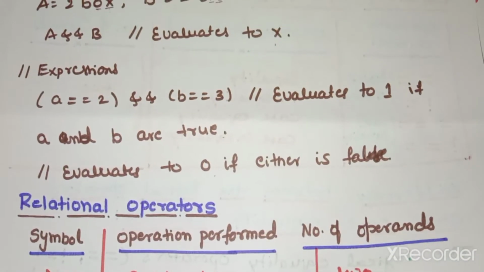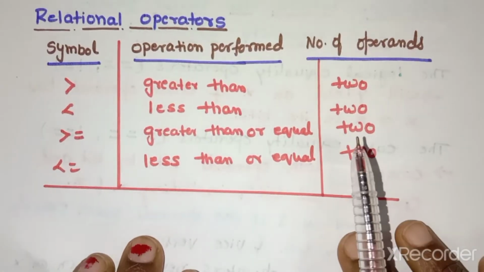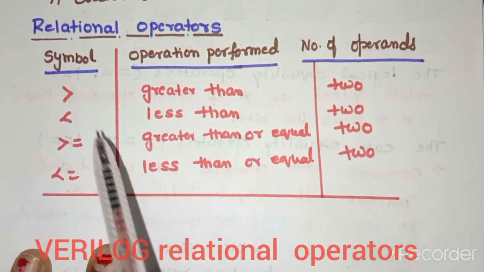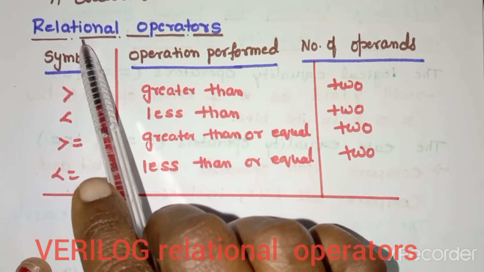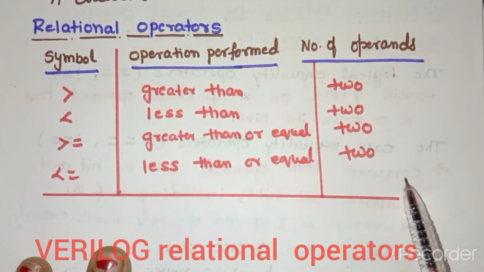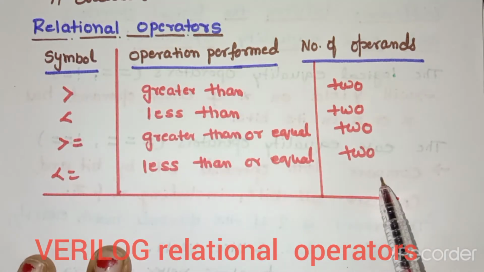Now let us move to the relational operators available in VHDL. What are the relational operators? If you want to relate, how many operands do we need? 2 operands. So that is what we call relational operators.